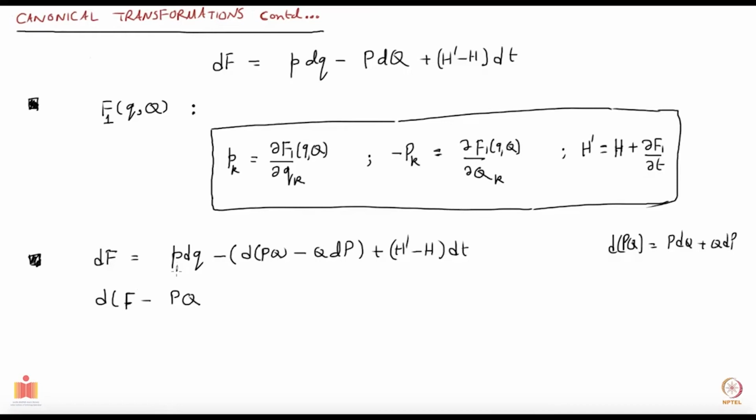Let me not forget that I have to put these indices and the summation is implied: pk qk. Let me check the sign here. My p dq looks fine.